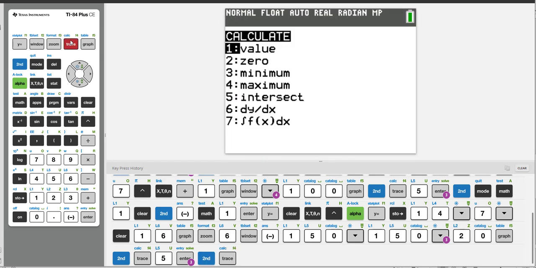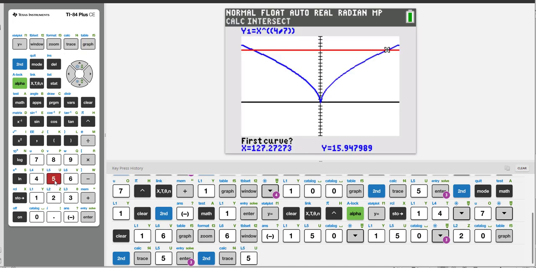Press second, calculate. Select number 5 intersect. Notice the x is on the current solution. Use the right or left arrows to force the x to the other intersection point.